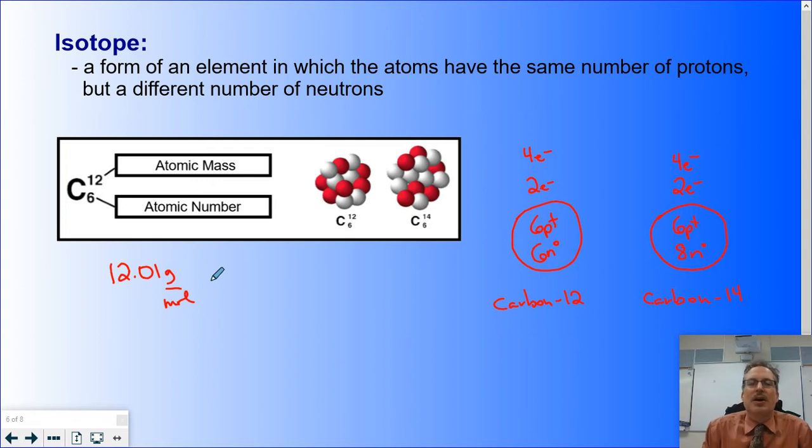That means 1 or 2 out of 1 million phosphorus atoms, instead of the protons and neutrons adding up to 31, would add up to 30 instead. And that's going to bring the average down that little bit. So in an isotope, the difference has nothing to do with the electrons. It has nothing to do with the protons. It has everything to do with the number of neutrons in the nucleus of an atom.